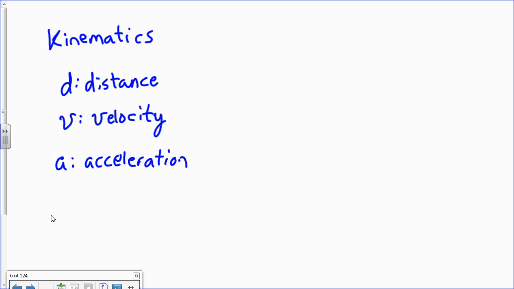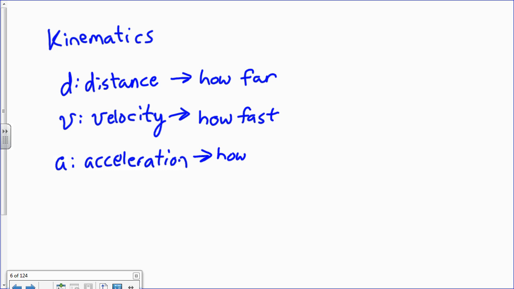We can describe these pretty simply as just how far something has gone, how fast something goes, and then how fast something speeds up. Or how fast it slows down.